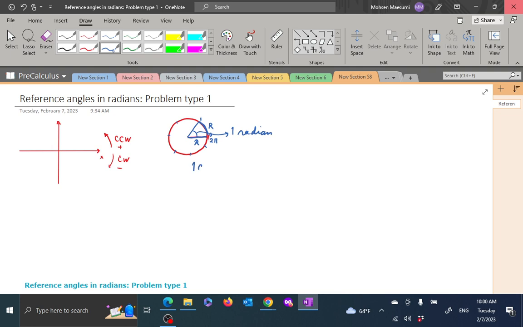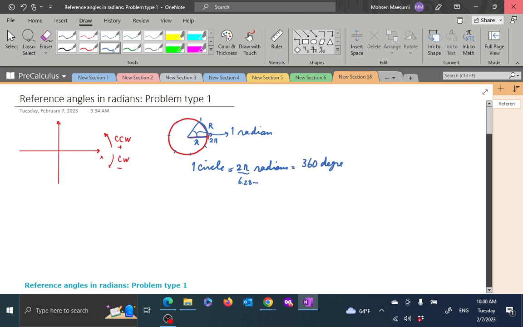So one circle is 2 pi radians, and 2 pi is just a number, 6.28, etc. And that's the same as 360 degrees. We also said there's another unit that doesn't show up in your textbook, but it shows up on your calculator, and that's called grads, for people who like the metric system.